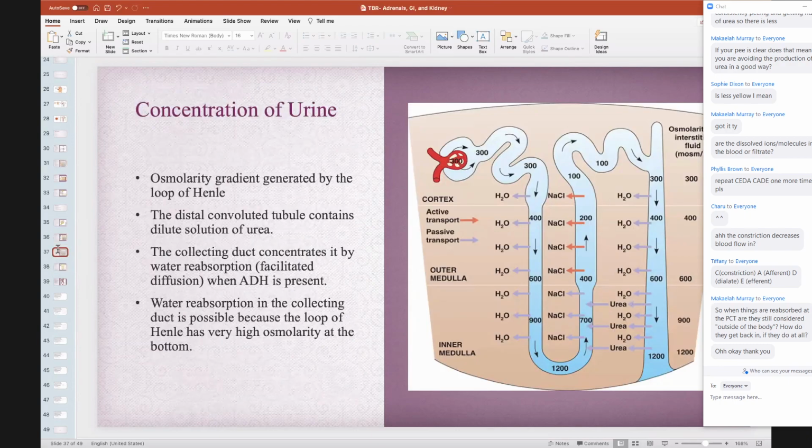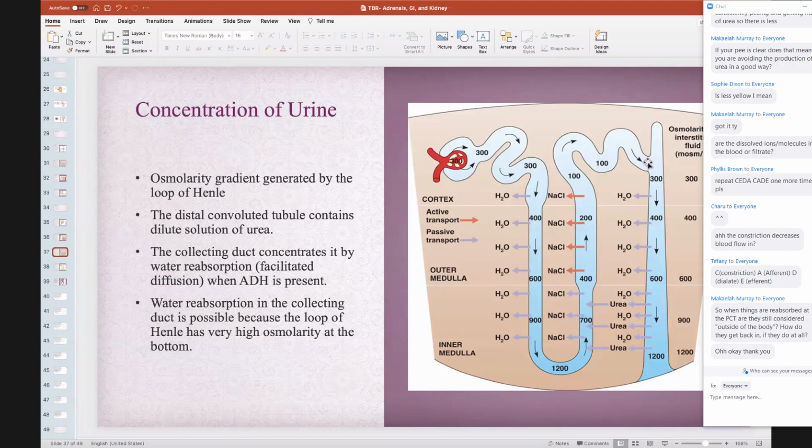So, concentration of urine. When we have this filtrate that passes through the kidneys, at the very end is where urine concentration occurs, at the collecting duct level. The way this works is we have this filtrate that has a lot of our wastes and a lot of water. So our osmolarity up here in this filtrate is very low. It's very, very dilute. There's a lot of water here.